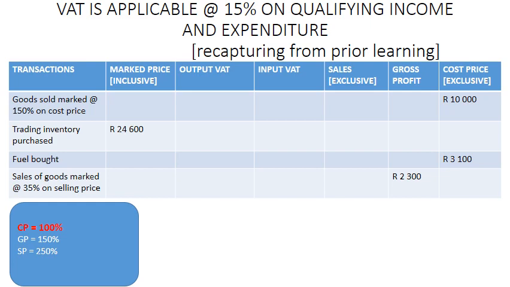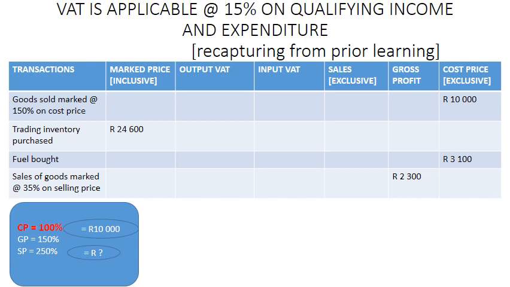We will add it to the cost price percentage to arrive at the selling price percentage of 250%. Cost price is given as an amount of 10,000 rand. Selling price, it's not given in rands. It's an amount that we need to determine.